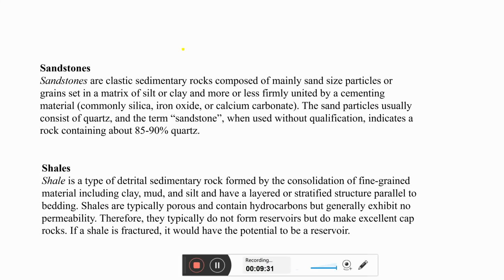You have to fracture it to create permeability. So that's also another topic of unconventional reservoirs where we see in detail the properties of shales. So at this stage, you can understand that porosity may be present in shale, but there is very minimum or no permeability.